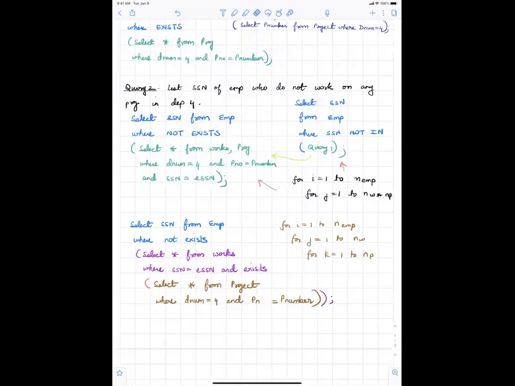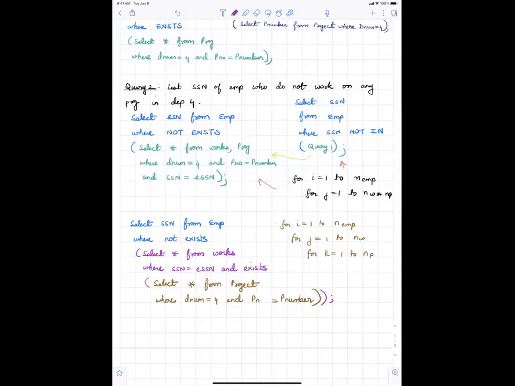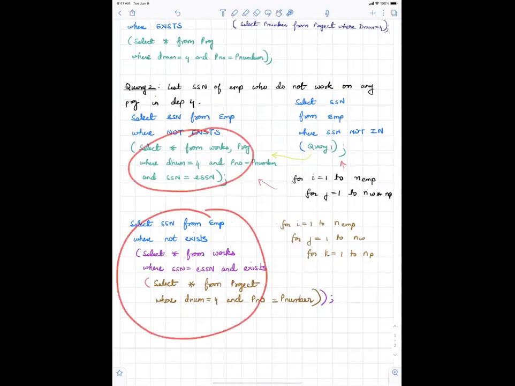So let me write this, where PNO is equal to... okay. This third query is identical to the one above it. It's just that I wrote it as 3 nested loops instead of 2 nested loops. I didn't do a join. If I'd done a join like I've done out here, then you'd only have 1, but this one does exactly the same thing.